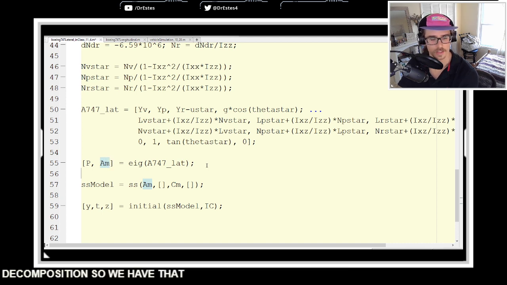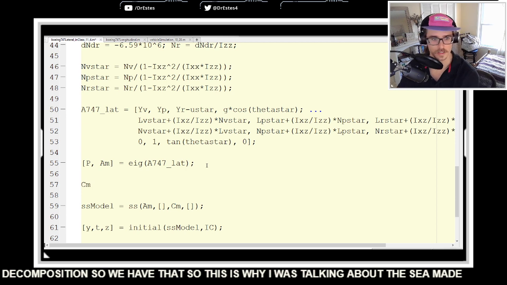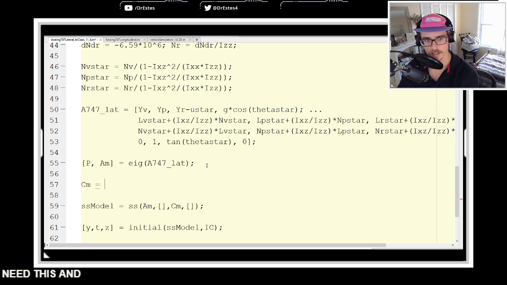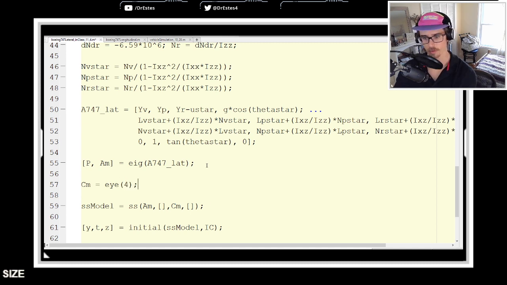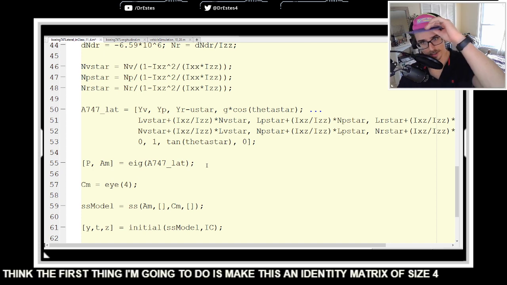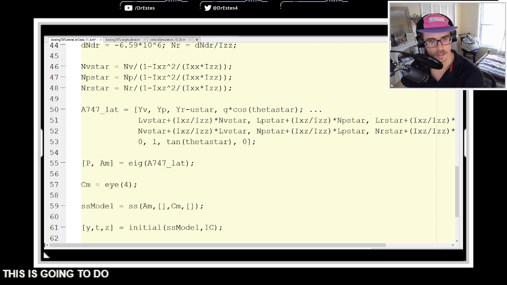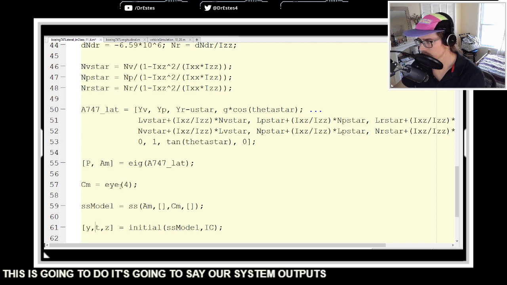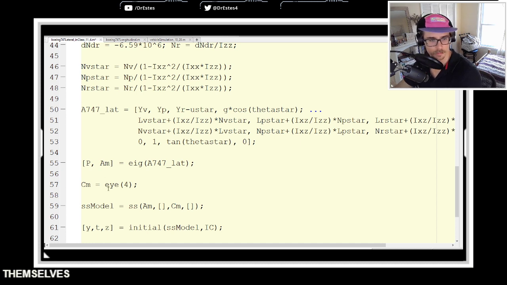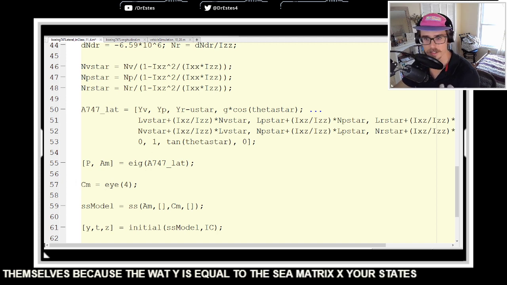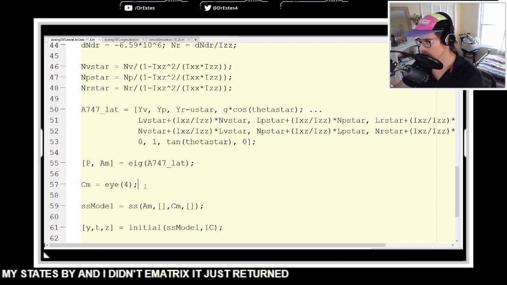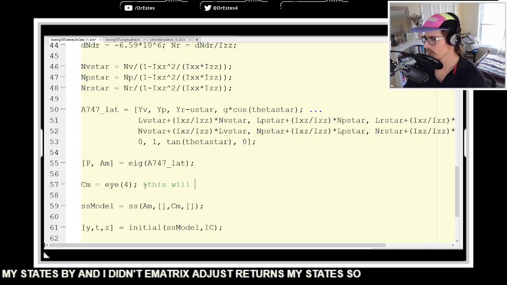So this is why I was talking about the C matrix. We need this. And I think the first thing I'm going to do is make this an identity matrix of size 4. Now what this is going to do, it's going to say our system outputs are just the states themselves. Because y is equal to the C matrix times your states. So if I multiply my states by an identity matrix, it just returns my states. So this will give me back modal states as my output.